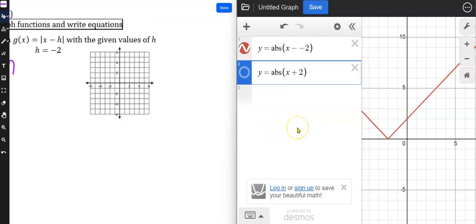And it does move to the left, too. So that would be left 2. Those arrows, both ends.